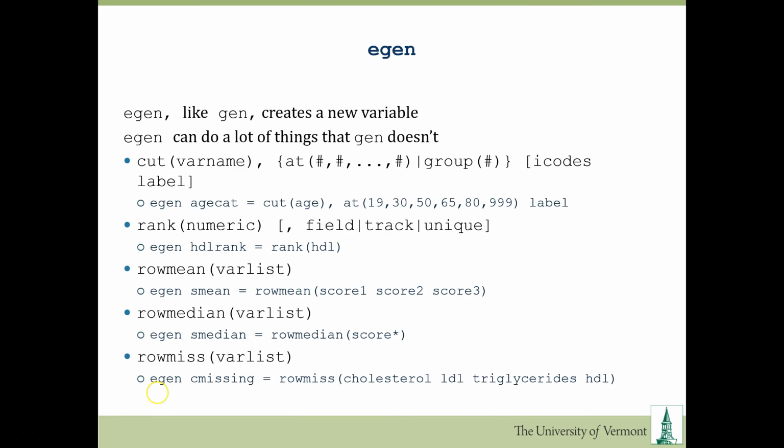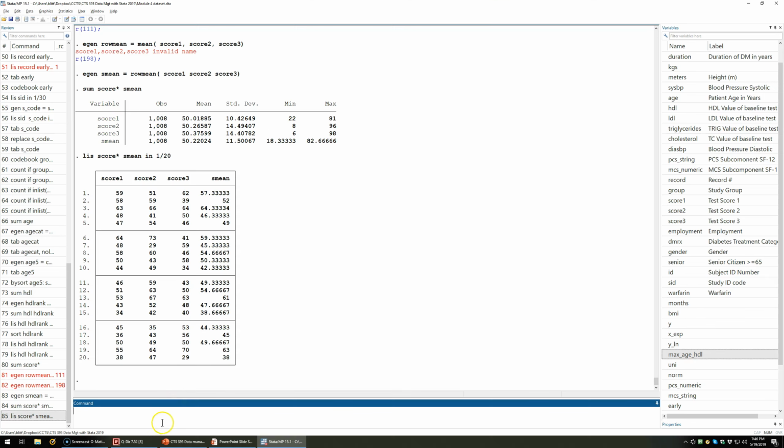You can do the same thing to create a median. And so let's do that. I'll go up and reuse this code, except I'm going to change it to smedian and do it as rowmedian. And here's a trick. You can use wildcards here, and so all the variables that start with score.